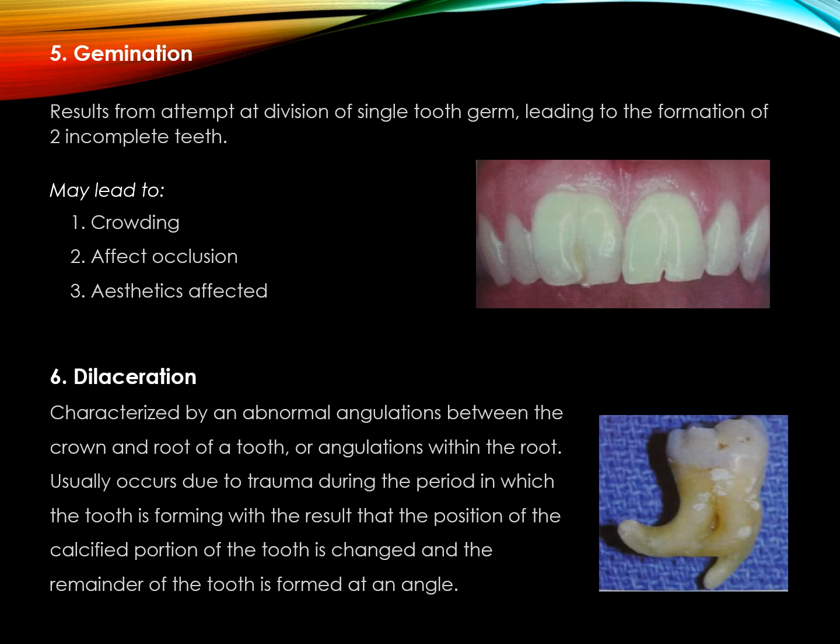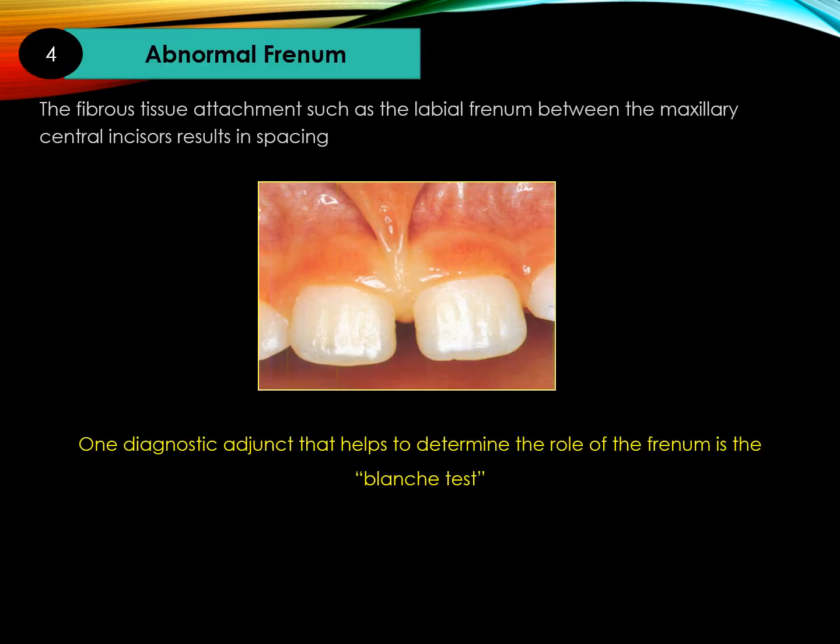However, they don't directly affect orthodontic treatment, and they can be easily surgically removed, and your orthodontic treatment can continue as planned. The next anomaly will be the abnormal frenal attachments.